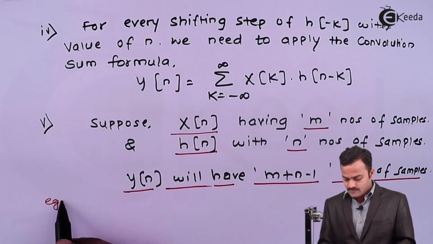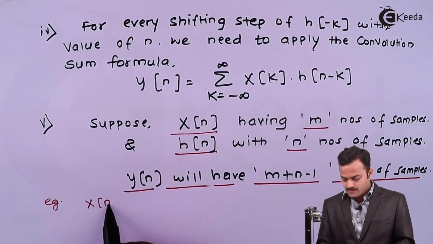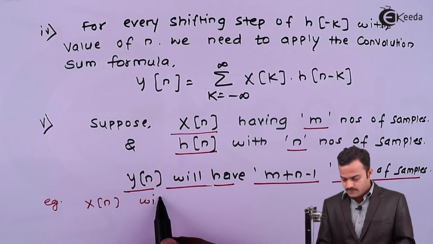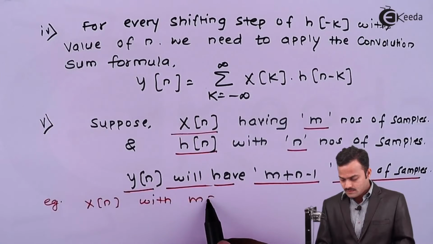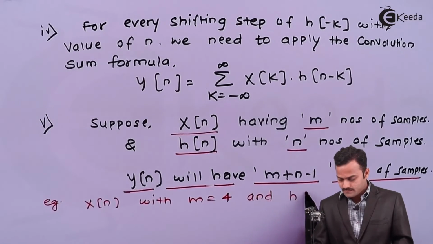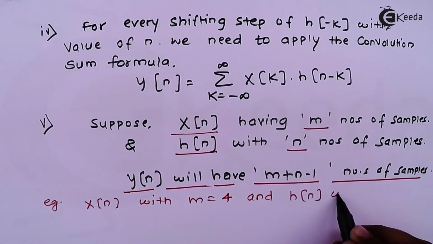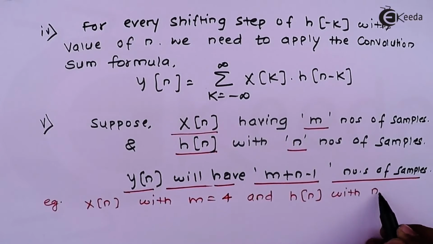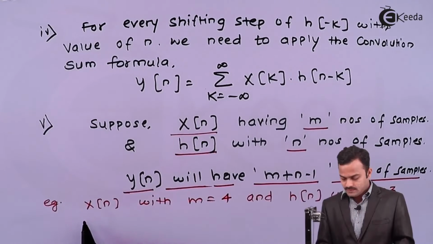Example: suppose I am having x of n with number of samples 4 and h of n with number of samples 3.